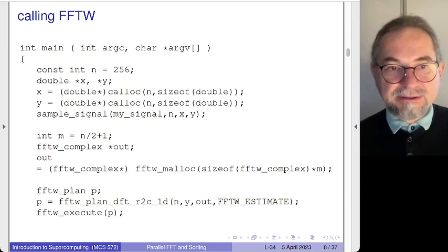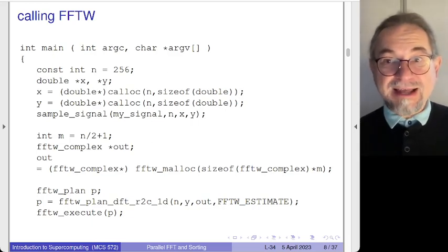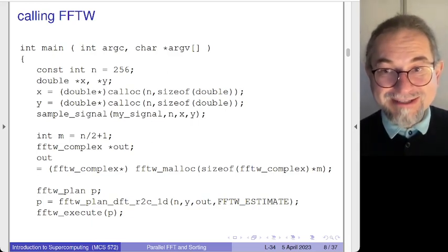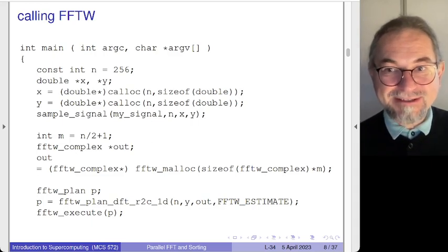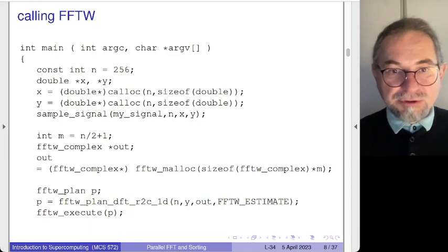We allocate, so as was clear from the formula, we actually compute complex numbers, so we go from the real to the complex. So there is an FFTW complex. How the data are represented is critical here. So there is a plan. I will try to explain what is the plan, and then there is the execute.